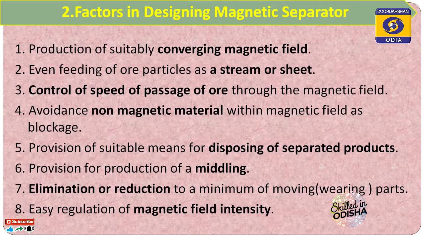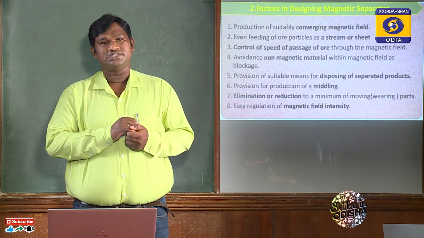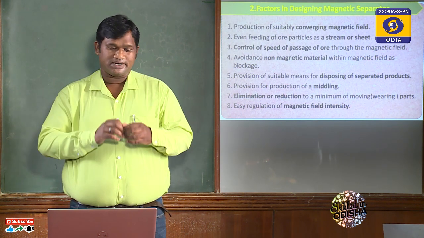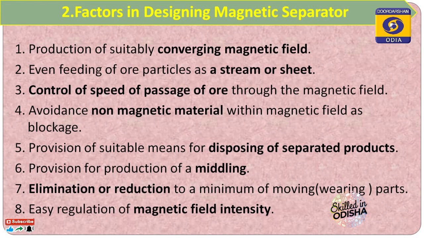Then the factors in designing a magnetic separator. What are the factors to be considered for designing a magnetic separator? First, production of a suitably converging magnetic field, meaning suitable lines of magnetic field.